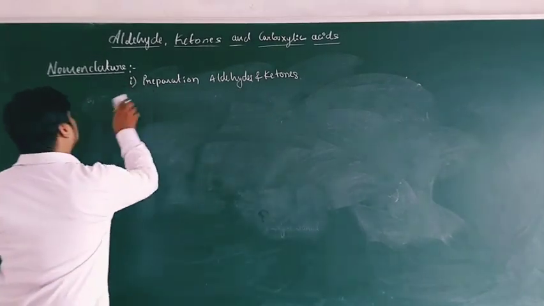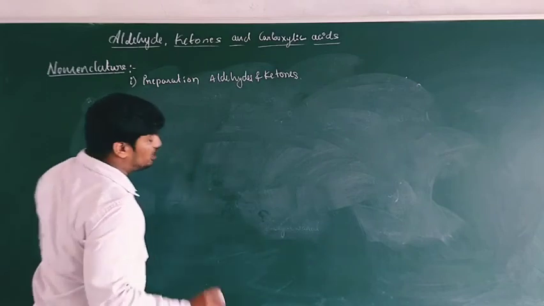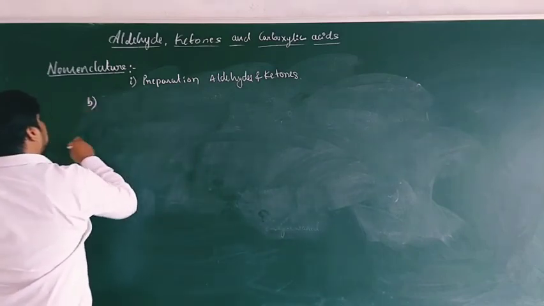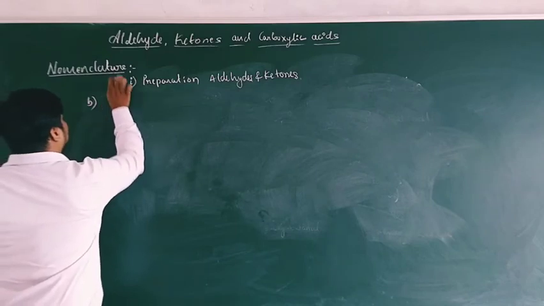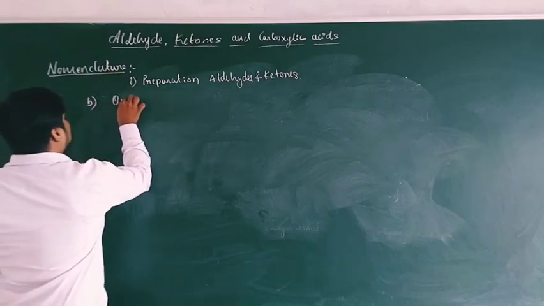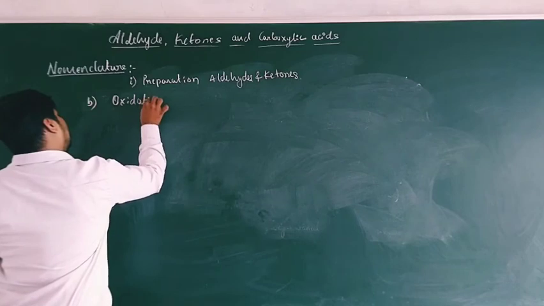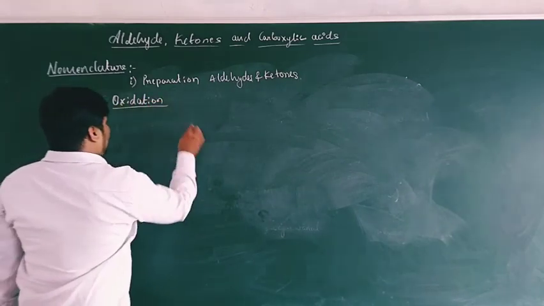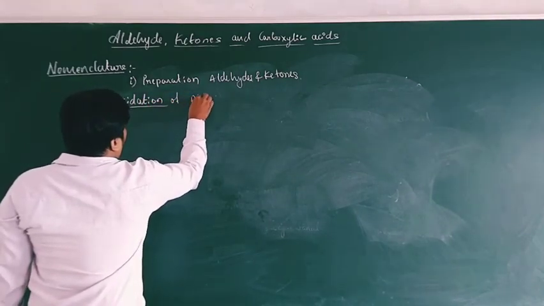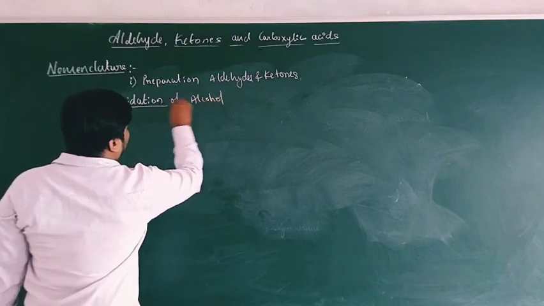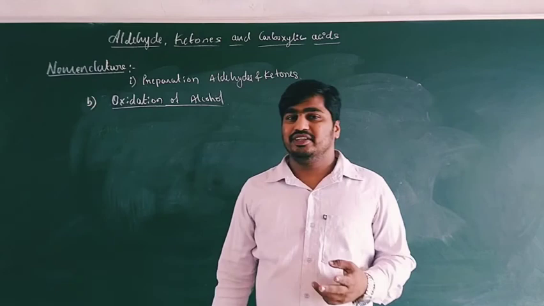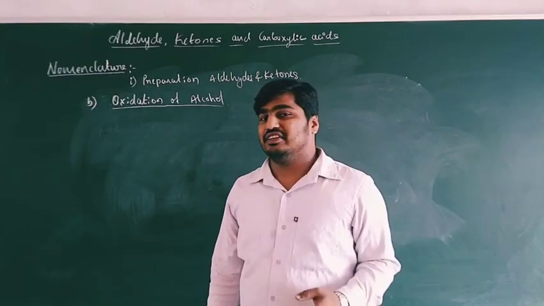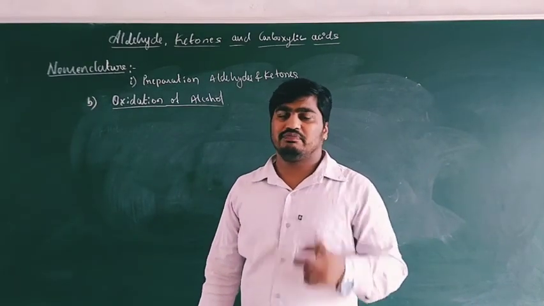Okay, next, the second method of preparation. The first one is ozonolysis, second one is oxidation of alcohol. There are two ways. That part we will discuss in the alcohol topic.